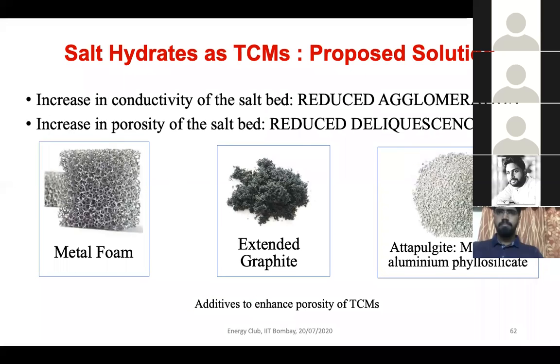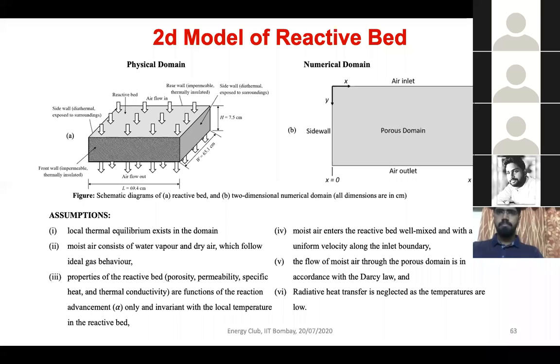So what are the proposed solutions to overcome this? Increase the porosity of the bed using metal foam, or use other materials like expanded graphite. Even silica gel is used to absorb excess moisture or water. These additives are added to the salt hydrates to improve the operation of this thermal energy storage.